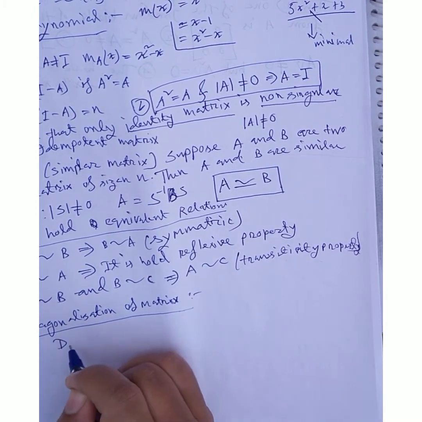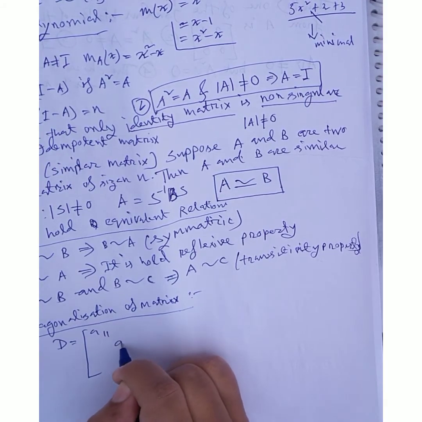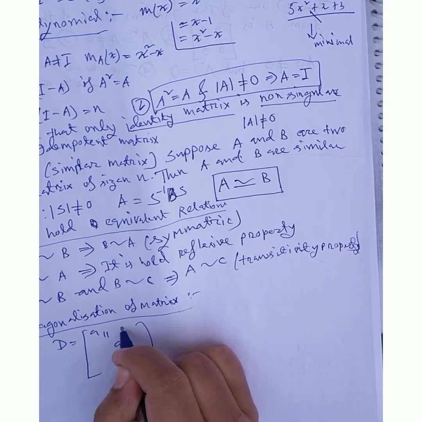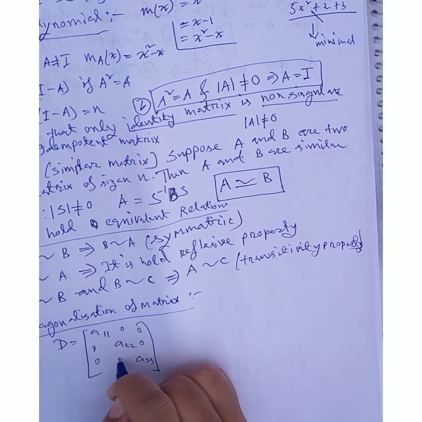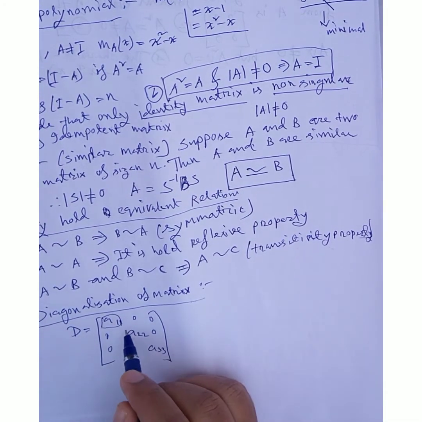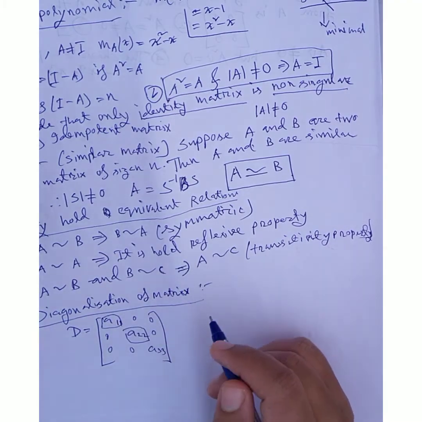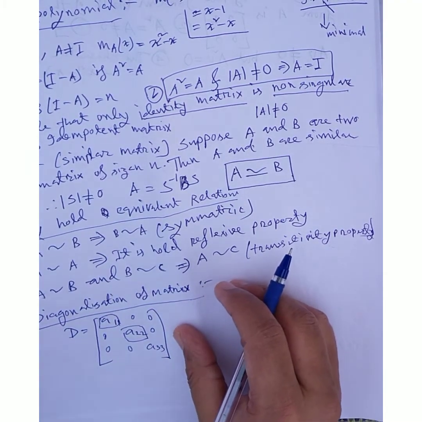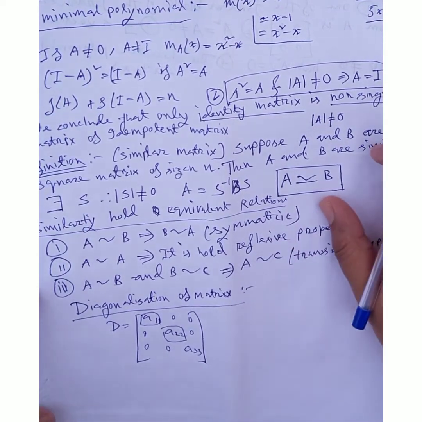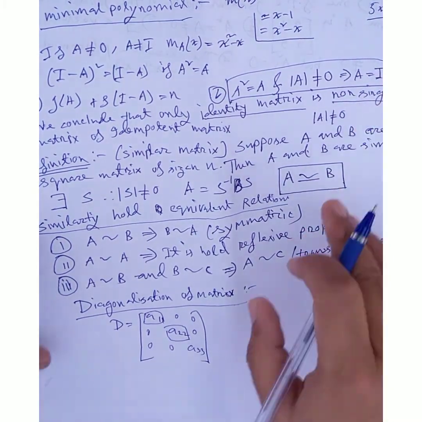The diagonal form is D. Suppose D can be written as a11, a22, a33, and all other entries are 0, but only the diagonal entries are non-zero. Then it is called a diagonal matrix. I discussed in my class what a diagonal matrix is. So it is clear for everyone.